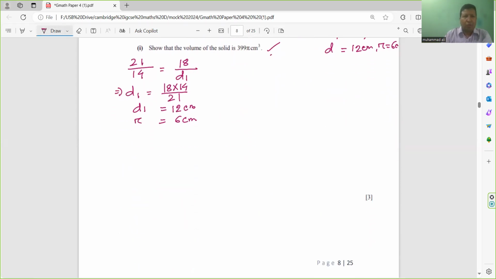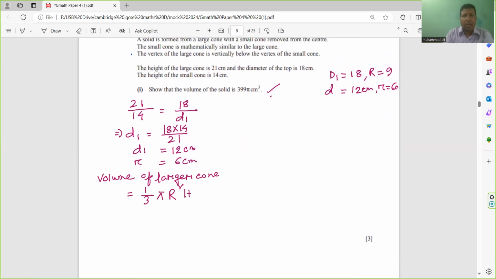Now we will find the volume of the larger cone. Volume of larger cone, formula equals 1 by 3 pi capital R square capital H. Here we may write the height of the larger cone is 21 centimeter and height of the smaller cone is 14 centimeter.